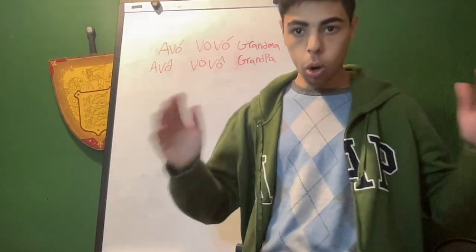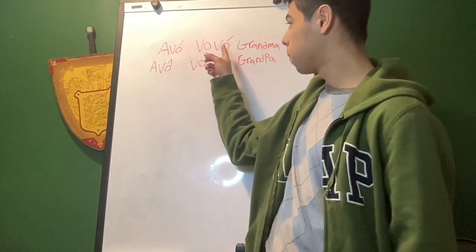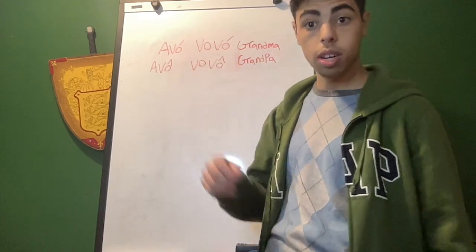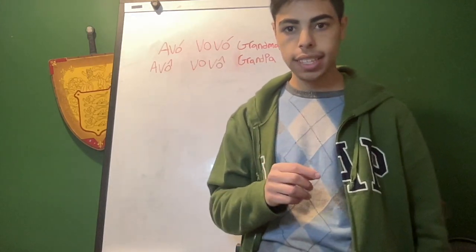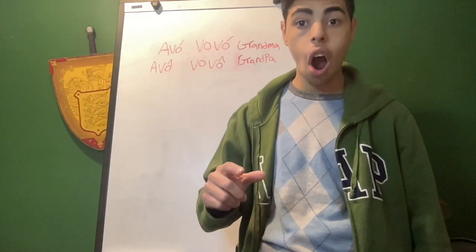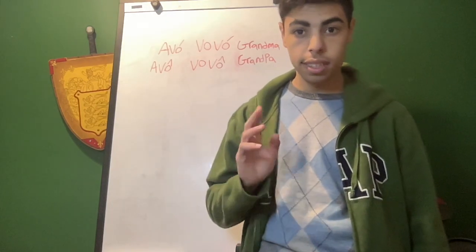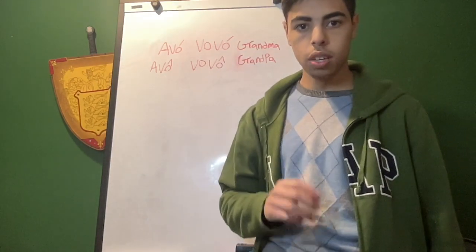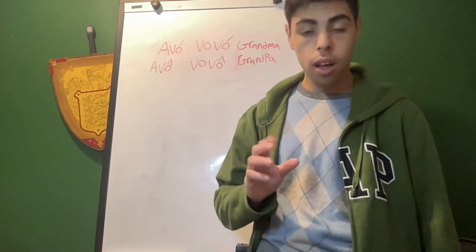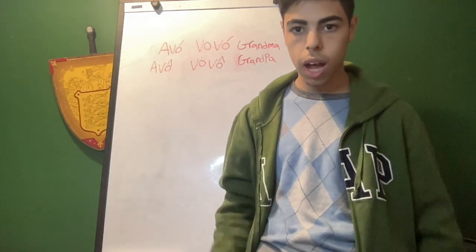One is a more open sound, which is vovó up here, because when you say the O with an accent, you're saying ah, a more open and wide sound.